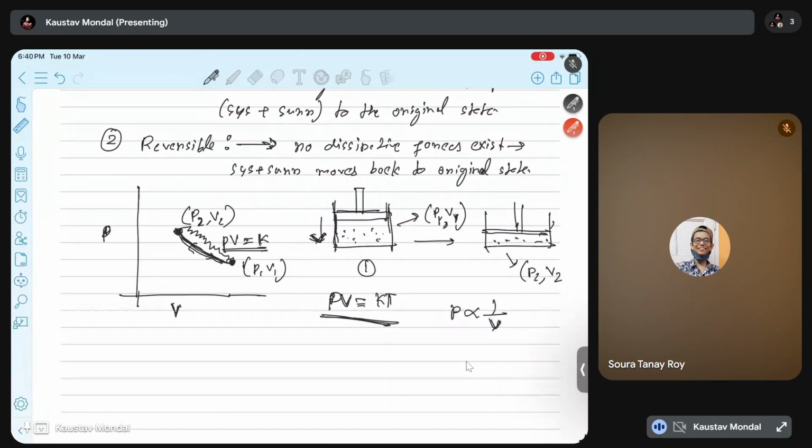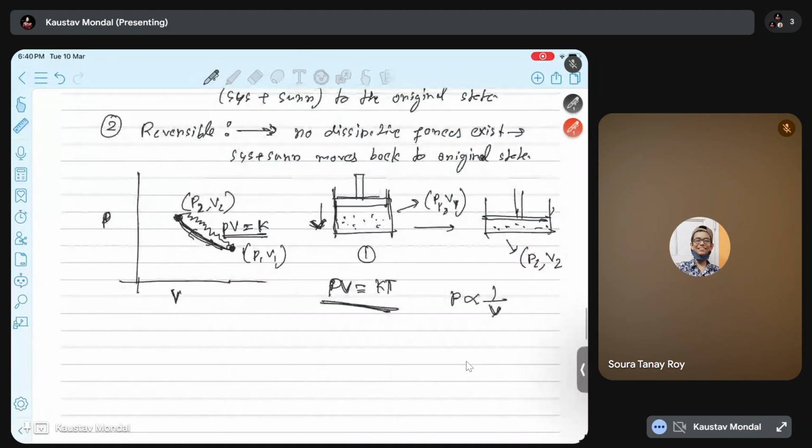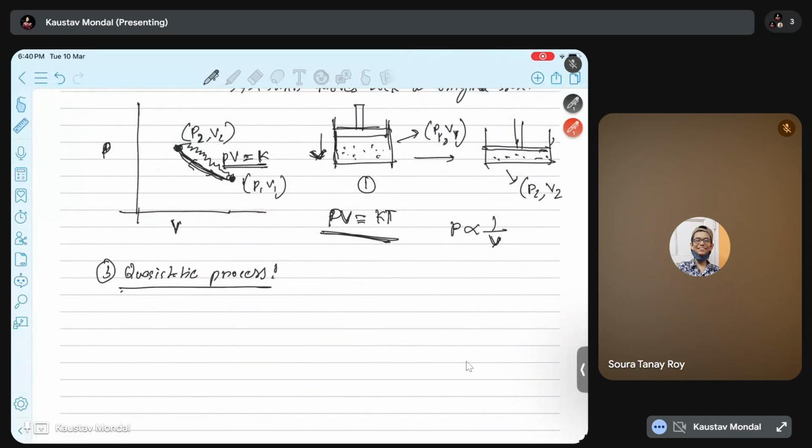So next there is also the concept of a quasi-static process. The quasi-static process is basically an infinitesimal process, which is a small displacement of the state into a different state. It can be pressure, it can be volume.